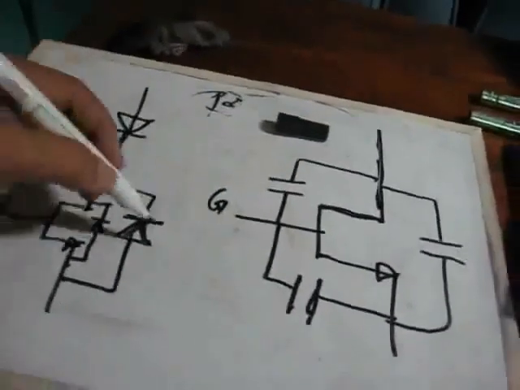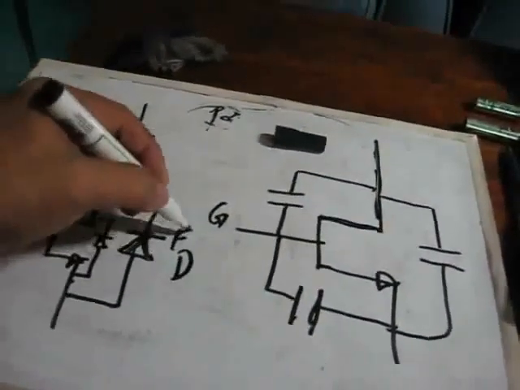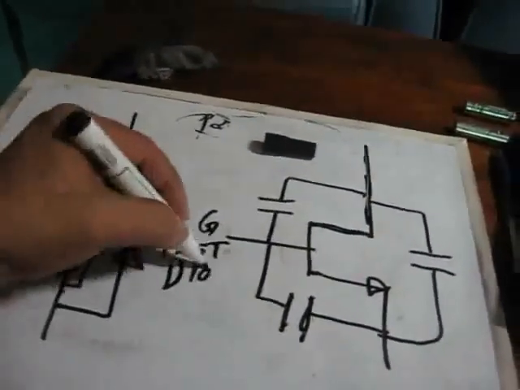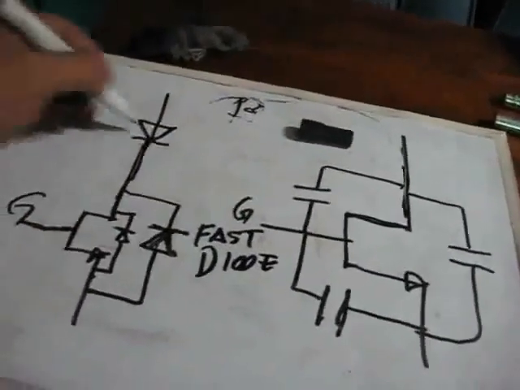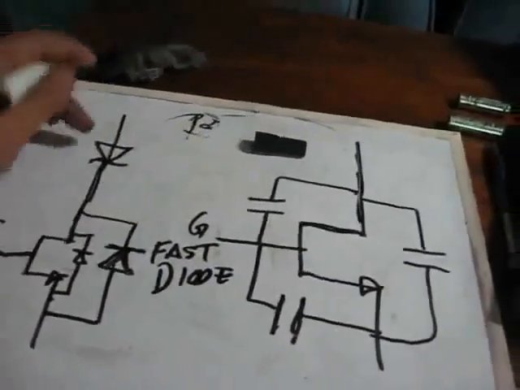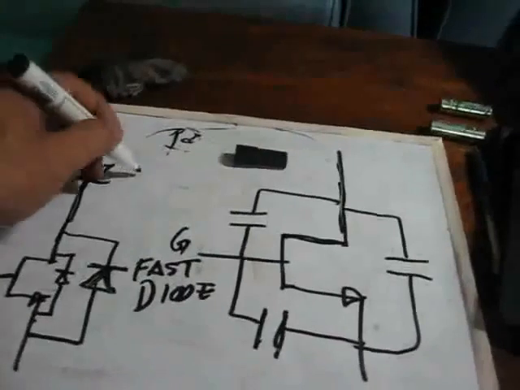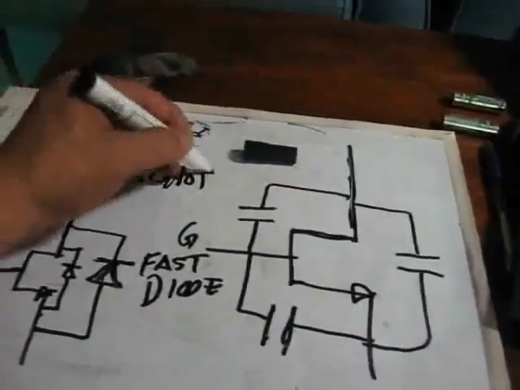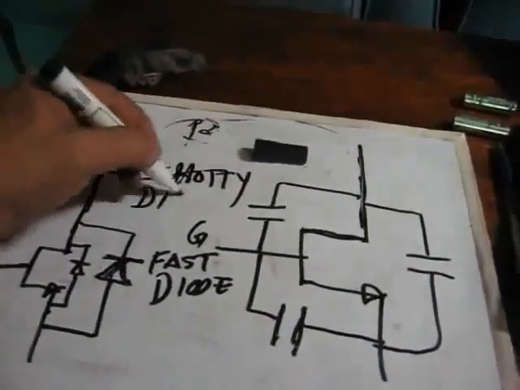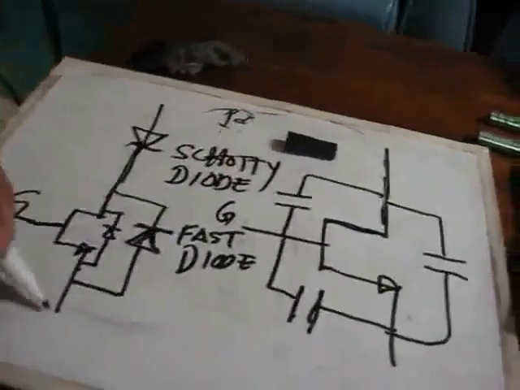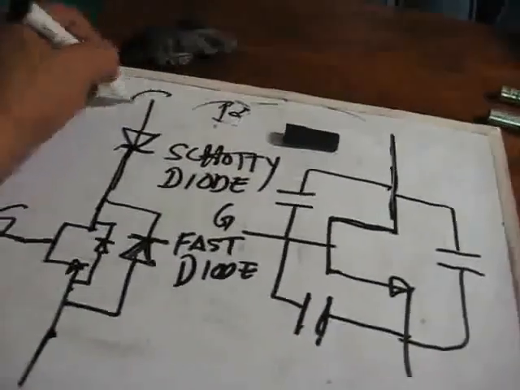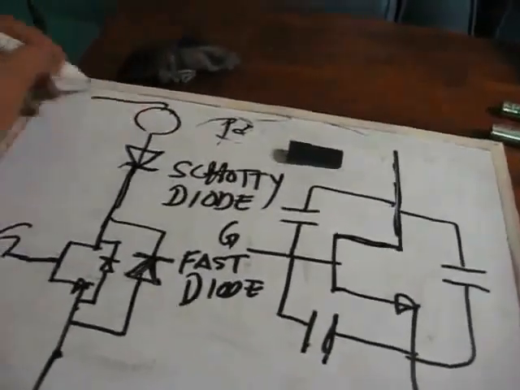We call it, this is the pass diode, and here is something like that, or Schottky diode. This is one basic, or you can explore it if you want.